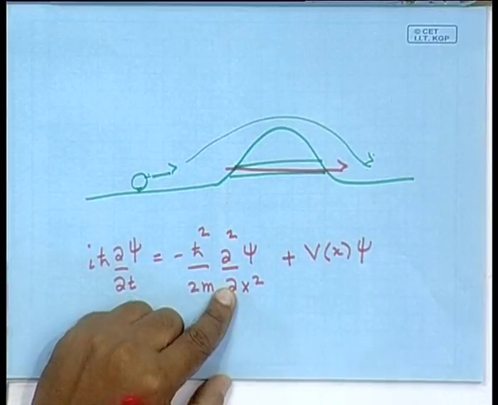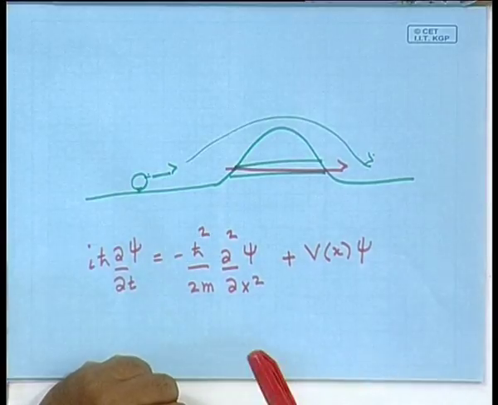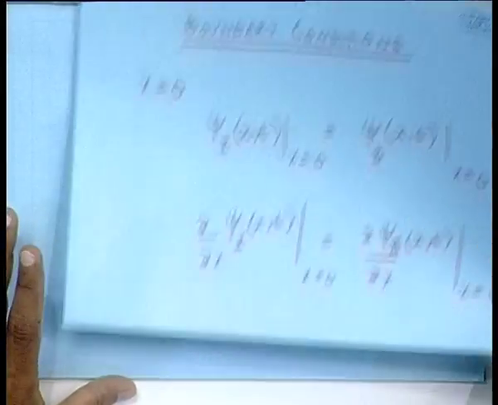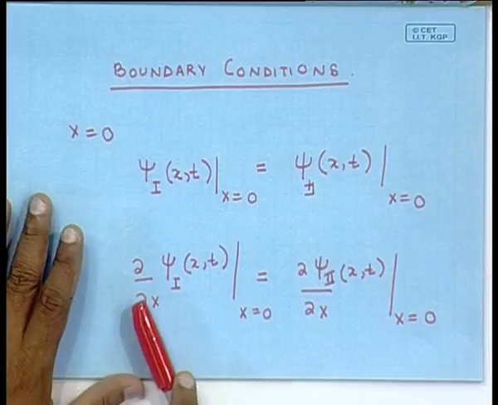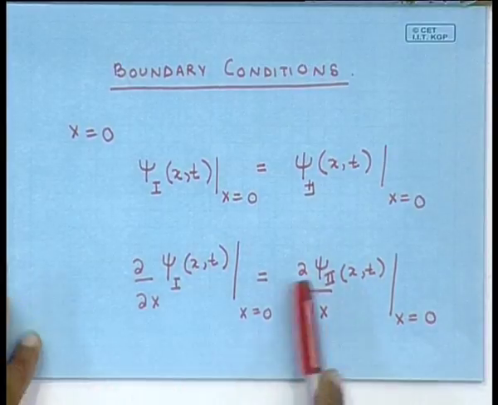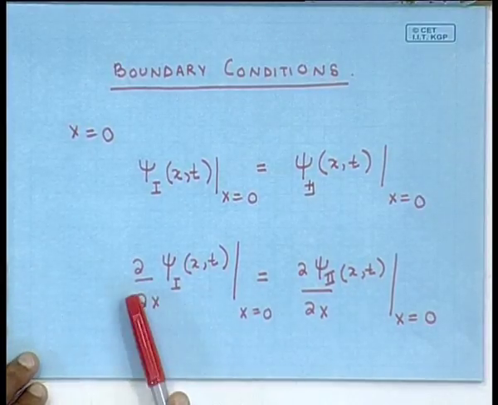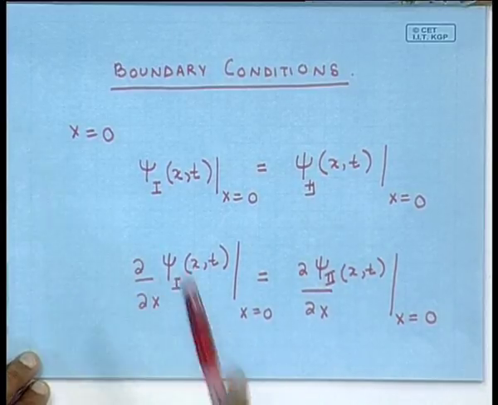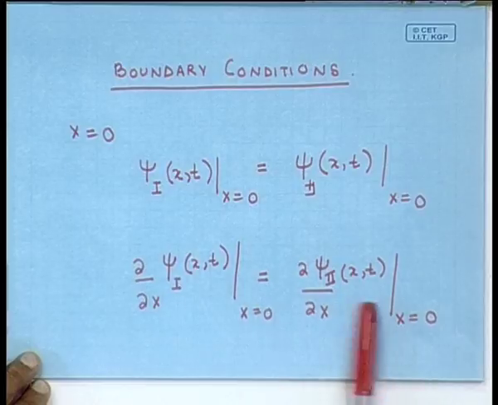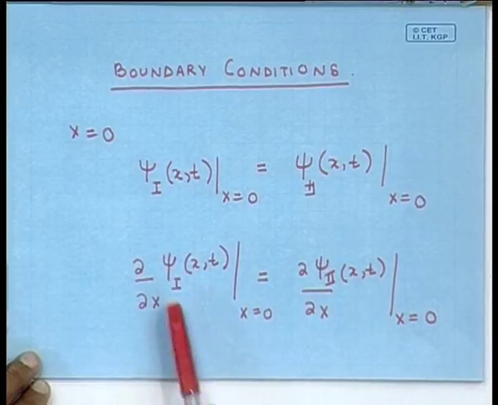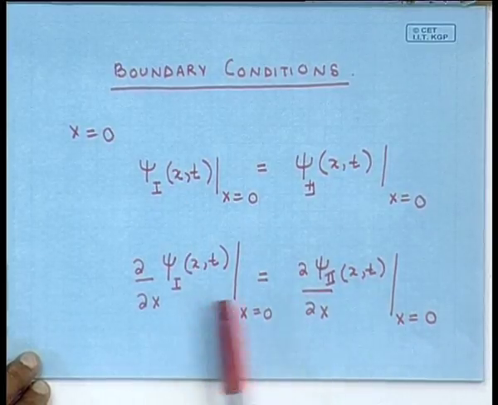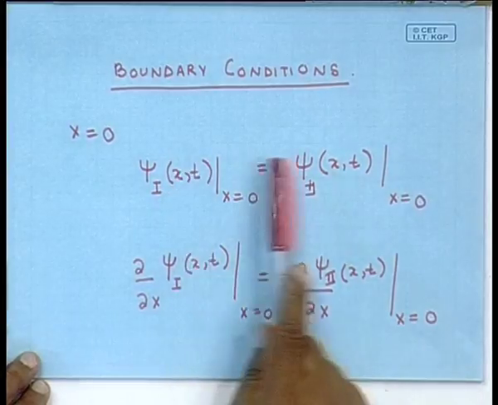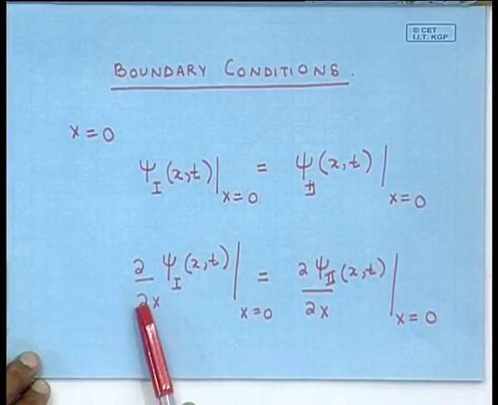You cannot differentiate a function that is not continuous. So, in order that the second derivative is well defined, you require the first derivative to be continuous at the boundary. It is continuous elsewhere. You also require it to be continuous at the boundary, which is why you have to also impose this boundary condition. So, we now have two boundary conditions which have to be imposed at all boundaries.